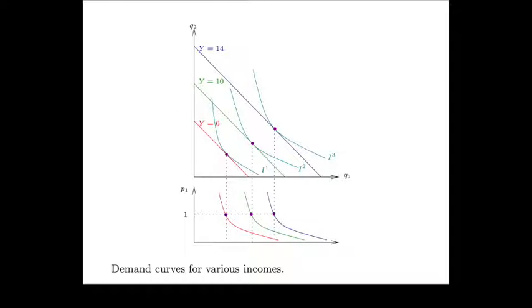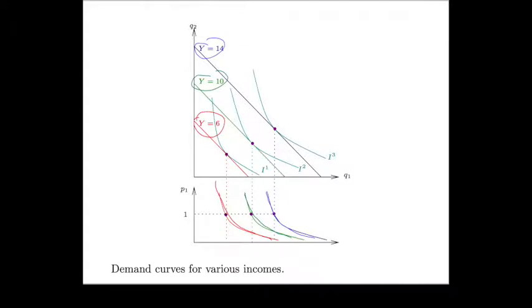For example, for the income level 6, we're going to get one demand curve. For the income level 10, we're going to get a different demand curve. And for the income level 14, we're going to get a third demand curve. Of course, for every other income level, so for 15 or 11 or 3, you'd get yet another demand curve.